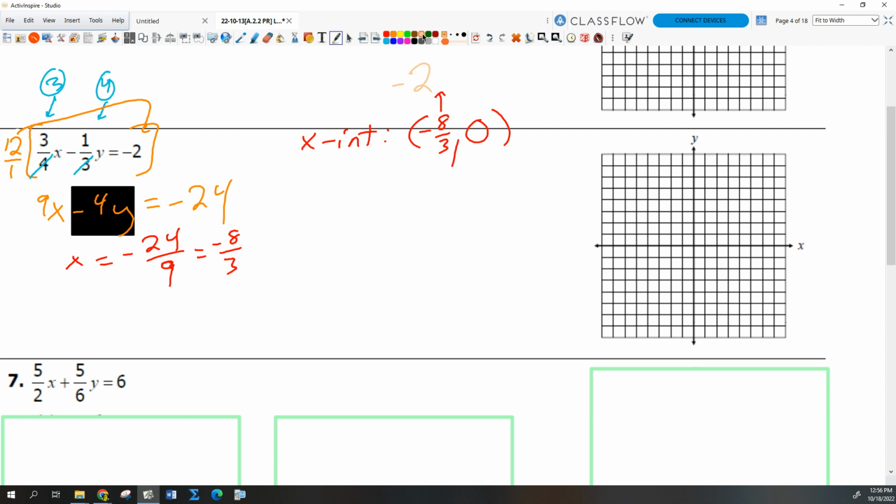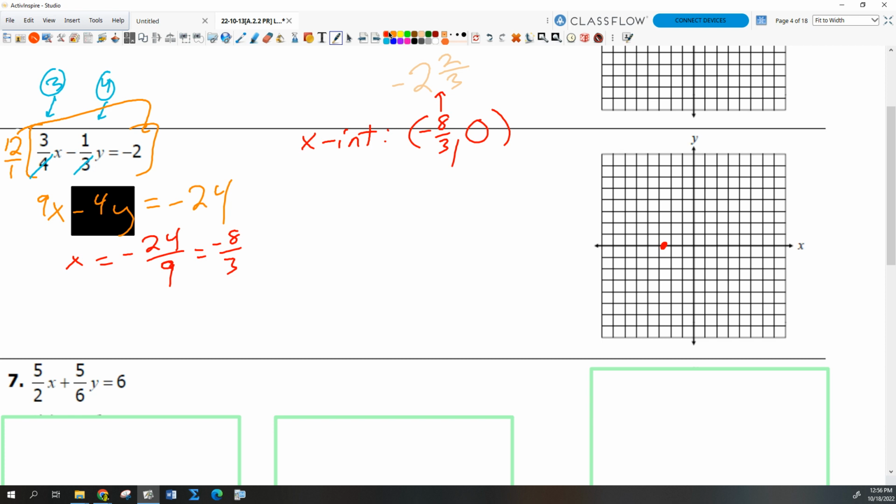Goes in twice with 2 left over, or 2 remaining over my denominator of 3. So negative 2 and 2 thirds. You see the advantage, at least if we think about it that way, it makes it a little bit easier to plot that point. So I'm going to go backwards from the origin, 2 and 2 thirds. I have to estimate, but that's my first point, my x-intercept.